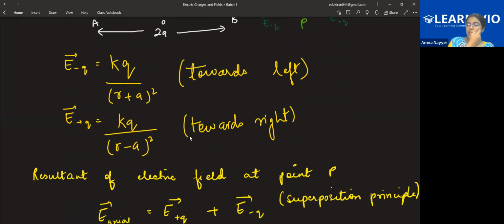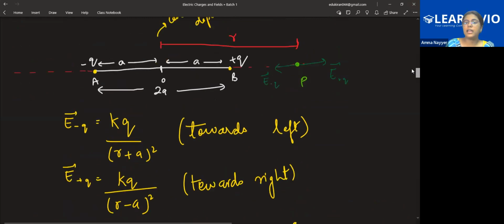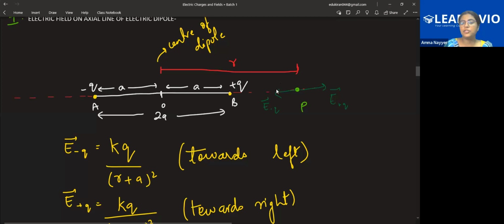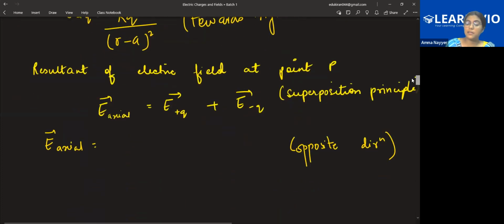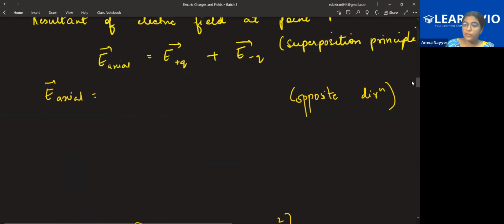Now class, electric field: one is directed towards the left, other is directed towards the right. Now look here, E minus Q, E plus Q. So both are in opposite directions. Strictly, we'll simply subtract. Though we are adding the two vectors, since they are making an angle of 180 degrees, we are going to subtract.